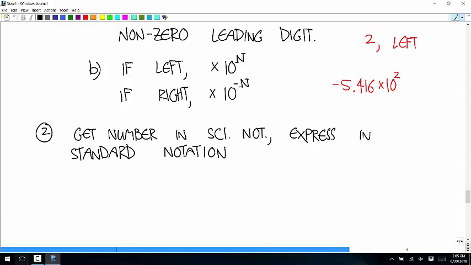And for this one, the example I'm going to use is 6.52 times 10 to the negative fourth.